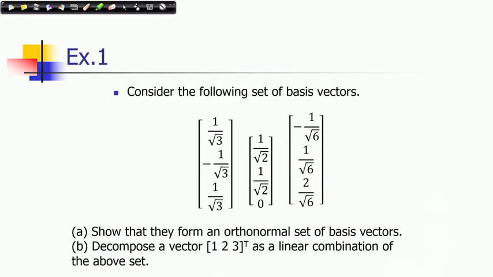So, let me solve some exercises to elaborate these computations. Let us consider this problem: you consider a set of basis vectors. There are 3 basis vectors, and you have to show that they form an orthonormal set of basis vectors. Then, given this orthonormal set, you represent the vector 1, 2, 3 as a linear combination of this set.